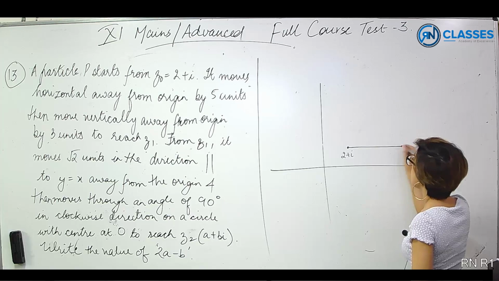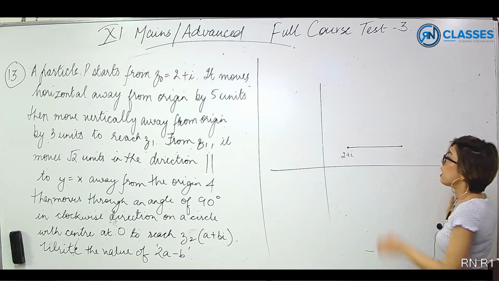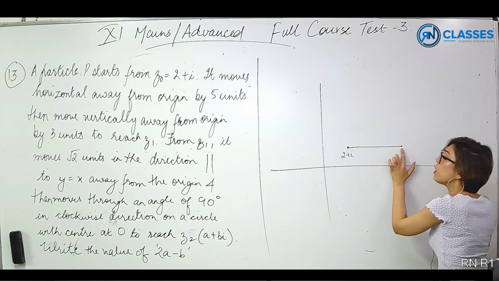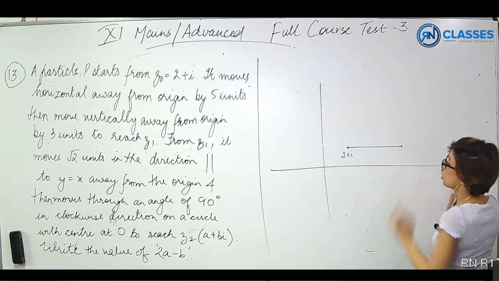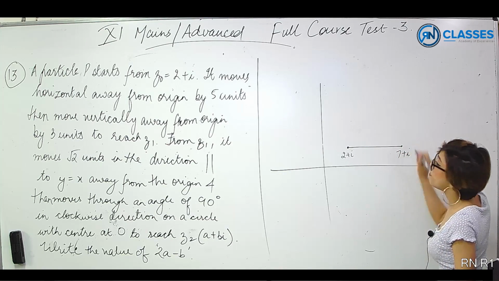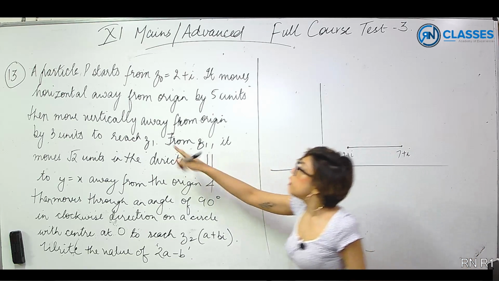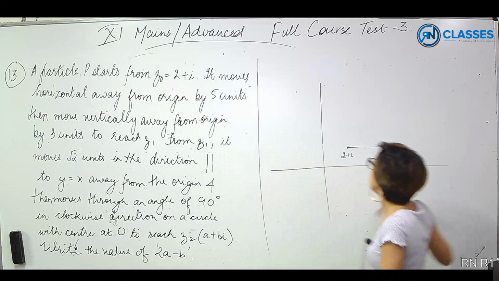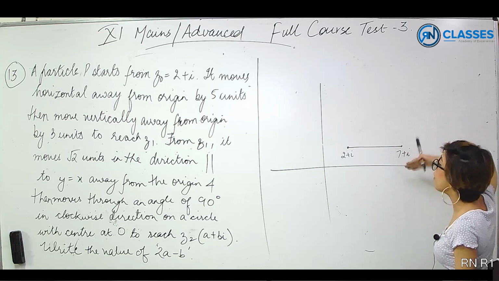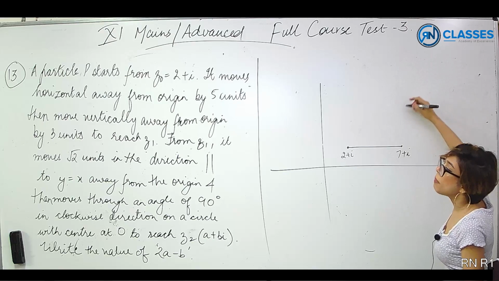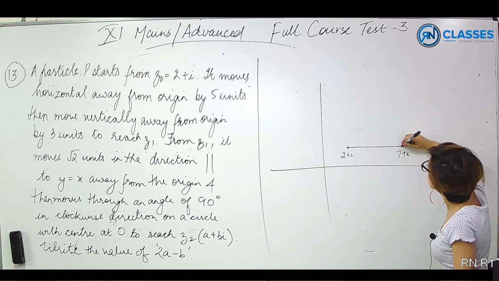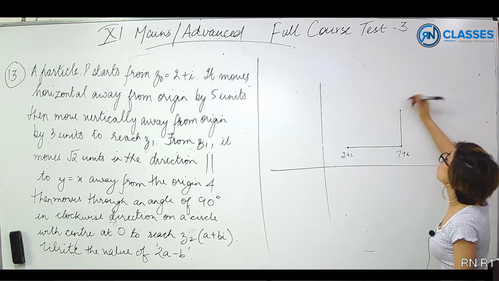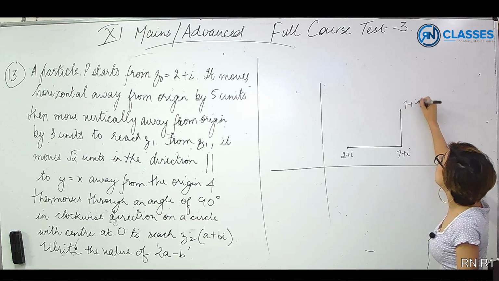So this is 5 units and this is the new position. Now, if this is 5, I can write the complex number representing this, which is 7 plus iota. Then it moves vertically away from the origin. Vertically means in this direction, but away, so in this direction by 3 units to reach Z1. So this point is 7 plus 4 iota.